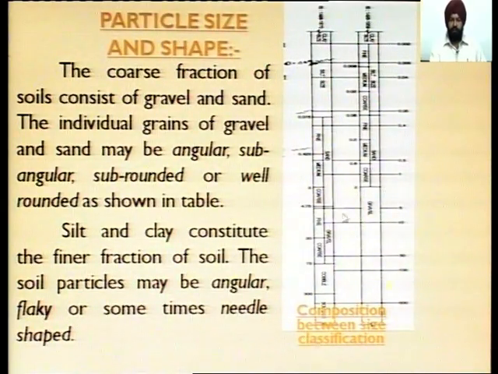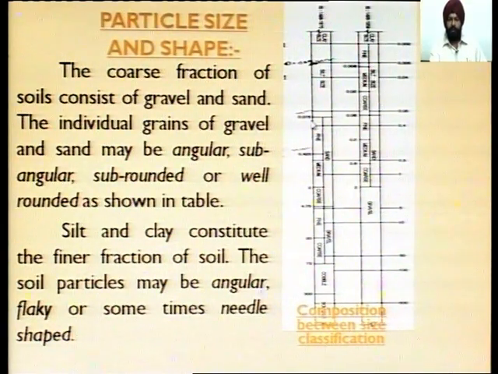Next, from 4.75 mm to 75 microns, or 0.075 mm, is the sand. That is also in three groups: coarse sand, medium sand and fine sand.